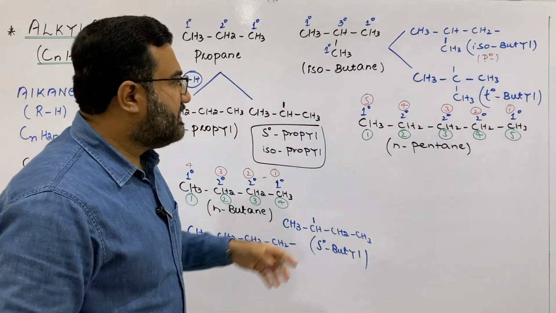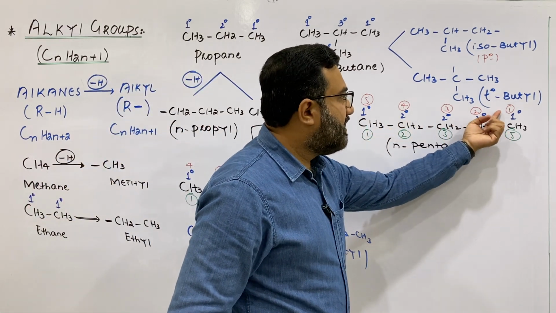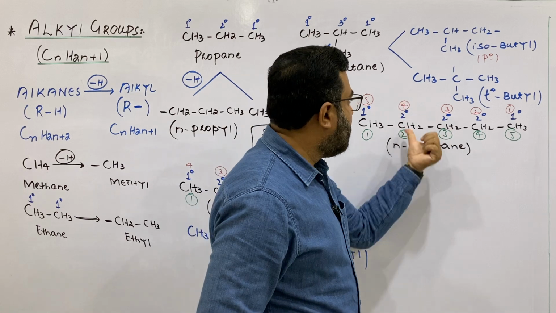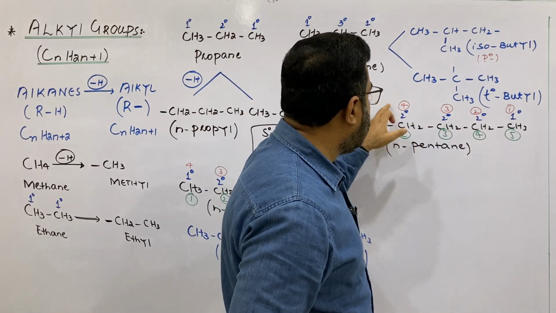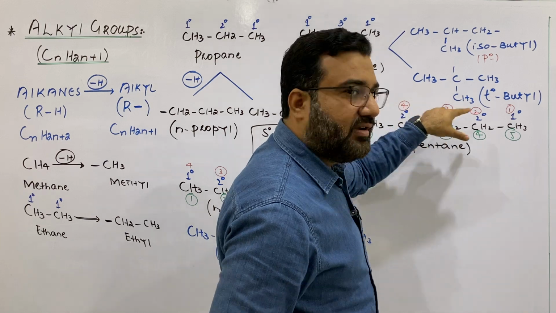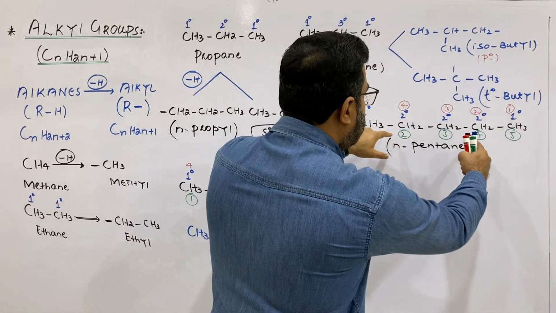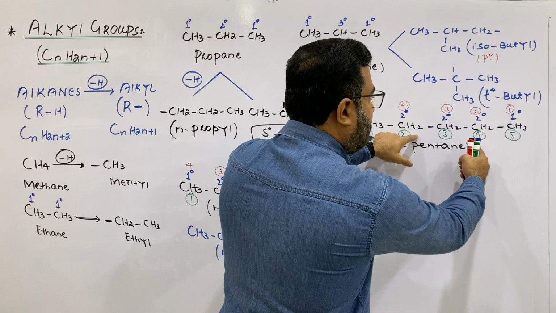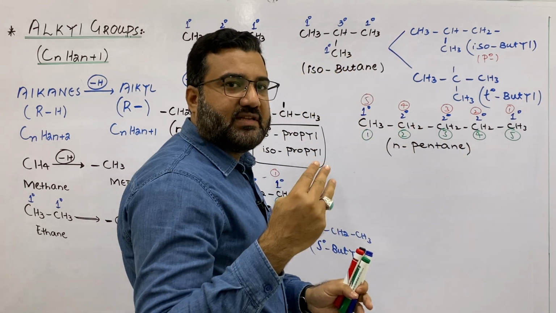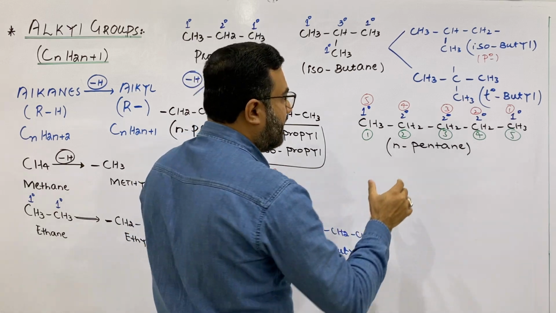The terminal carbons are the same; either they will get number 1 or 5. And these two carbons are also the same, either 2 or 4. But this one is a secondary carbon that is different from these two in the sense of the numbering. So there are a total of 3 types of carbons in n-pentane.